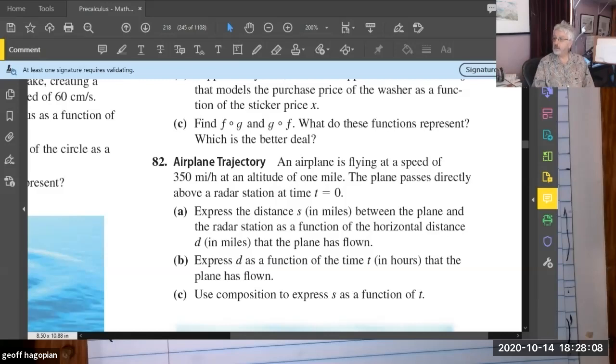The plane passes directly above a radar station at time t equals 0. Express the distance s in miles between the plane and the radar station as a function of the horizontal distance d in miles. Here they're defining a variable d as the distance horizontally that the plane has flown. Then express d as a function of the time.